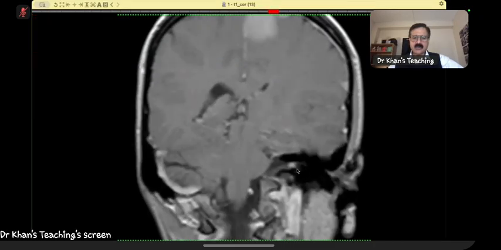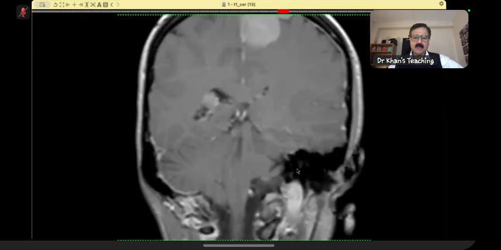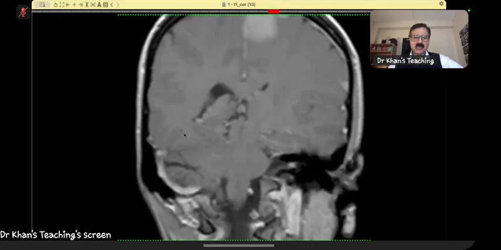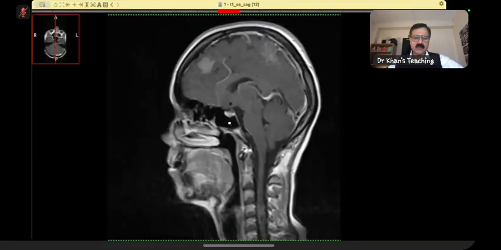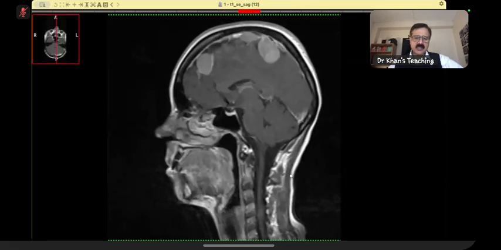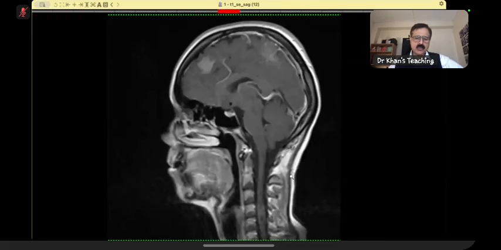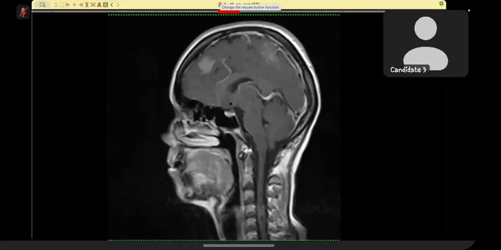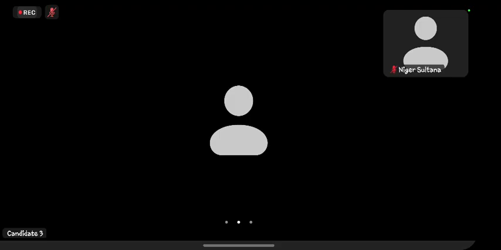So it's a beautiful case where you can pick up bilateral acoustic schwannoma. You did beautifully well because your mind was working on it. And on a sagittal, this is again an exam case, but because your mind was working, you could pick up an ependymoma. So the definition was met in this case, right? Overall, you did well.